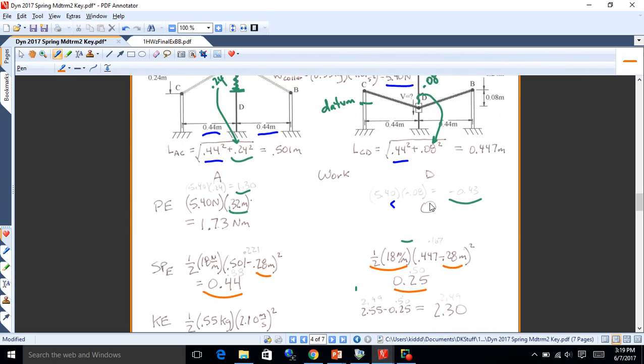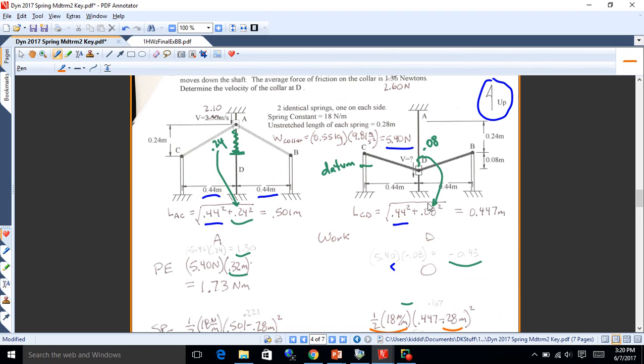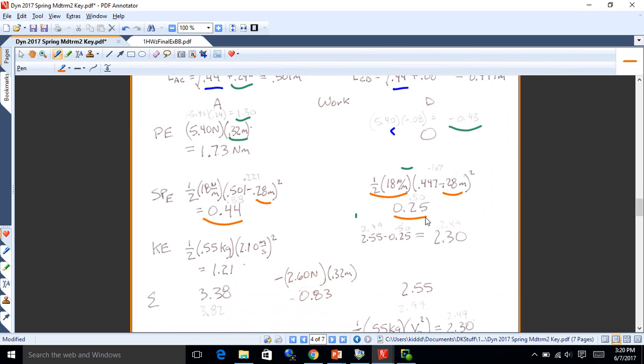The collar is moving at position A. It's got a velocity of 2.1, so 1/2 mass times 2.1 squared is 1.21. Add everything up here, you get 3.38, I think. Anyway.